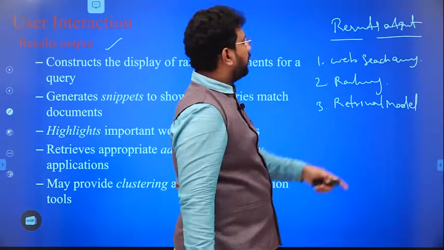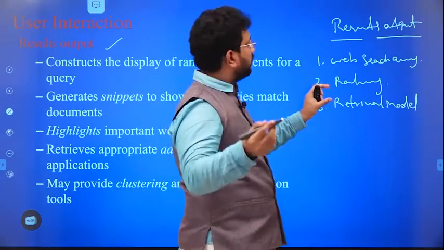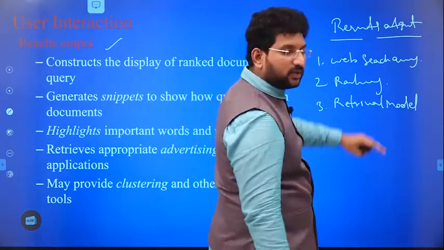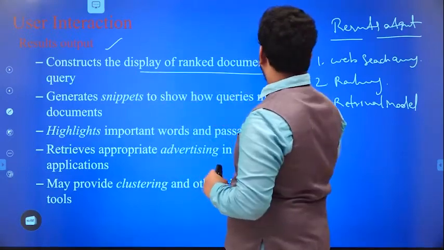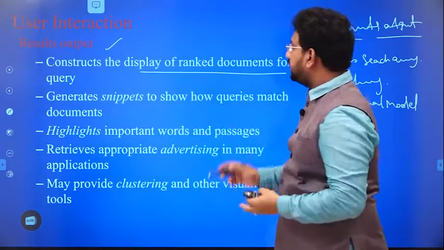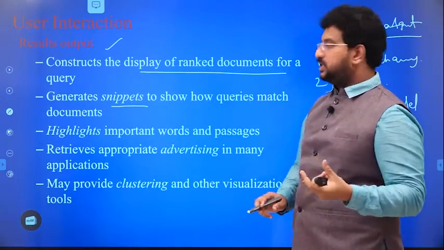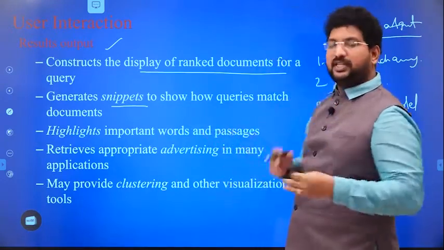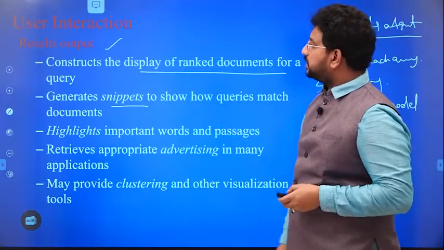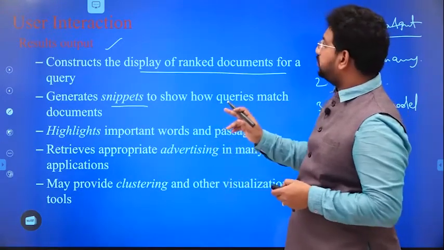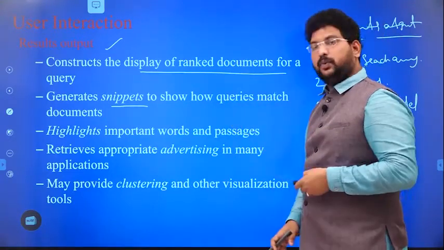With that, they are going to generate a ranked list of documents. That's what will be displayed in the end. So that's the results output. It constructs and displays the ranked list of documents for the query, which generates the snippets, a browsable summary of the information, to show how queries match documents. So this is about the results output phase.